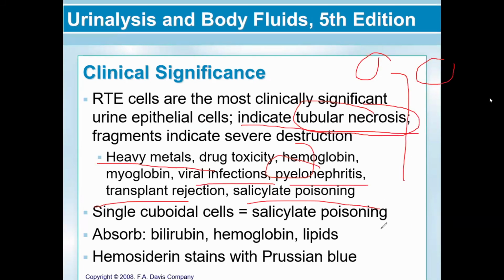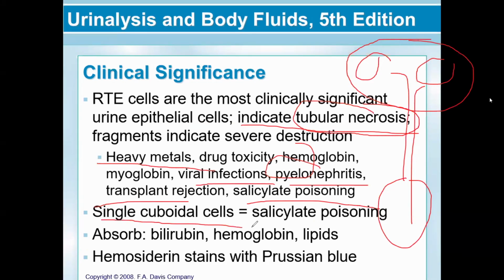Dito yung cystitis eh. So hindi niya nakuha dyan. So sa pyelo, ito yung involved mismo. So pwede siyang mag-cause ng tubular necrosis or tubular damage, not with your cystitis or lower, kasi nasa ilalim na yon, nasa baba. Okay? So, for the presence naman of single cuboidal cells, pwedeng makita natin in salicylate poisoning.